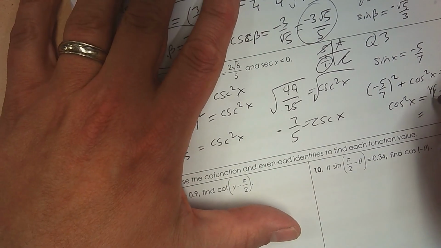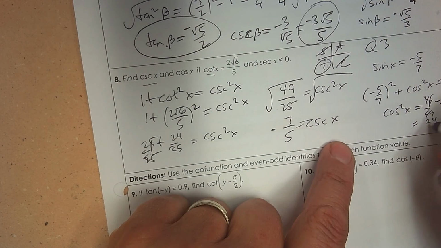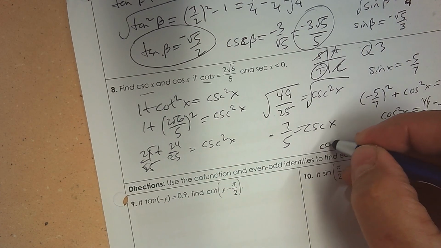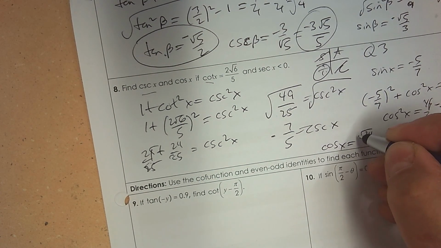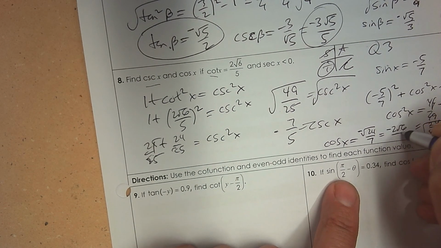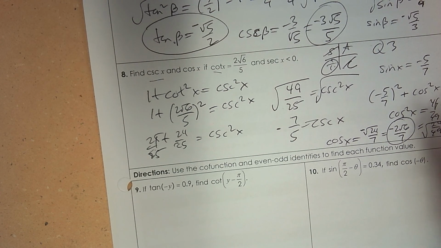That's 49, so 49 take away 25. Is that 24 over 49? Square root. And then it's equal to the square root of 24 over 7. Again, it's going to be negative there. You could also write that as 2 root 6 over 7. Again, in the answer key, they don't write it as a negative answer, but we know it's in quadrant number 3, so cosine is negative.